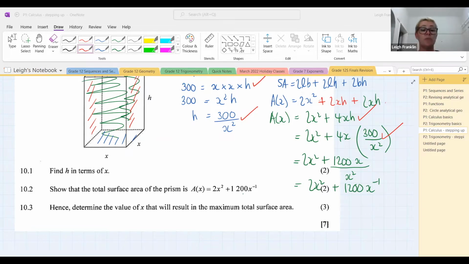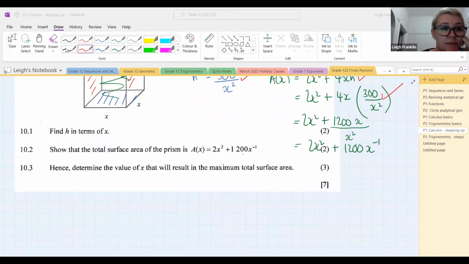Sorry, hence determine the value of x that will result in the maximum total surface area. So in order to maximize it, we know that the gradient at the turning point is going to be 0. That's why we've got to derive and then make it equal to 0. So that's going to be our next step.